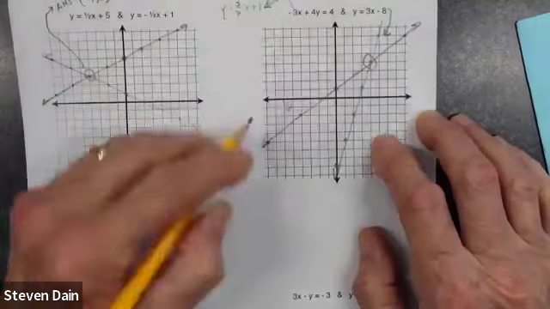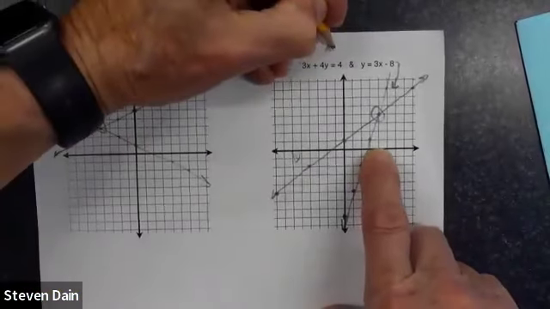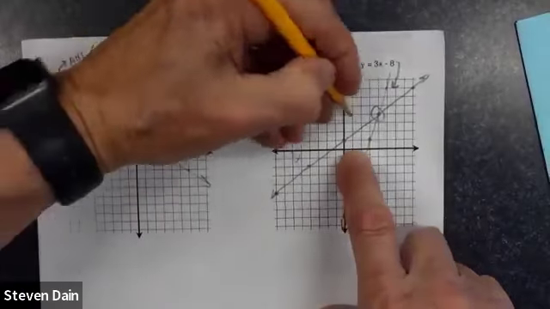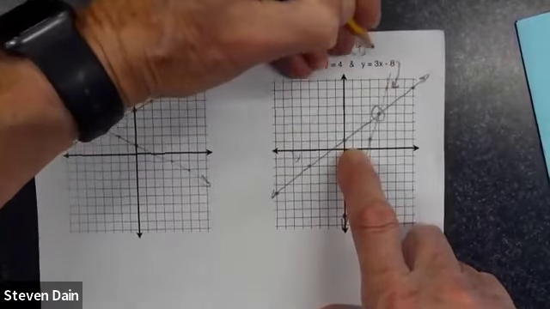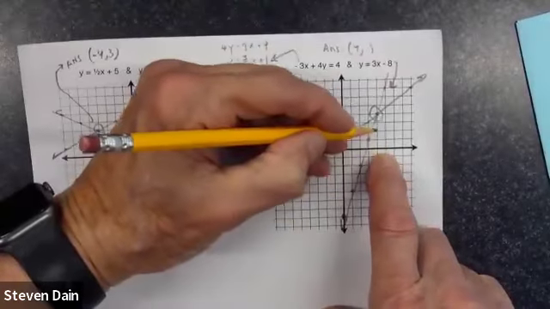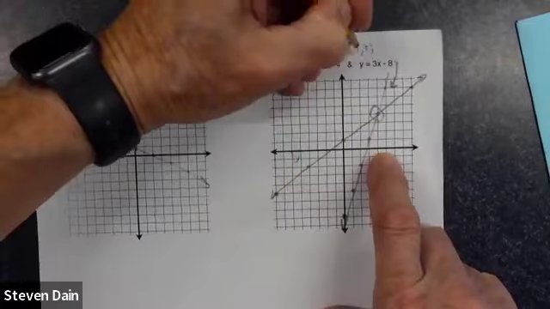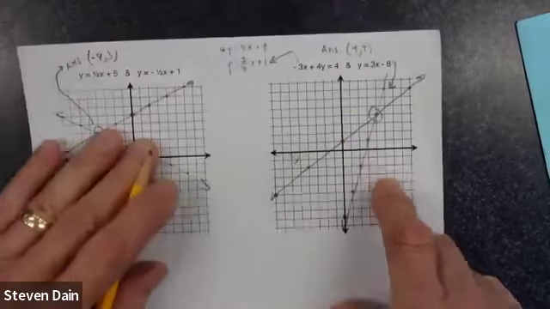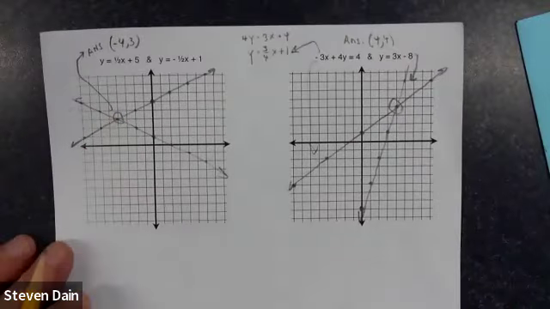And here's our solution. The answer: 1, 2, 3, 4, positive 4 for x, and 1, 2, 3, 4, positive 4 for y. Look all right?